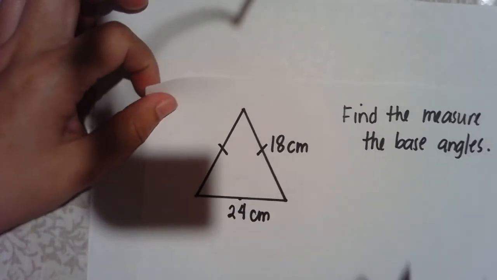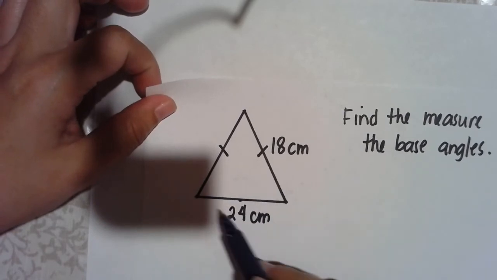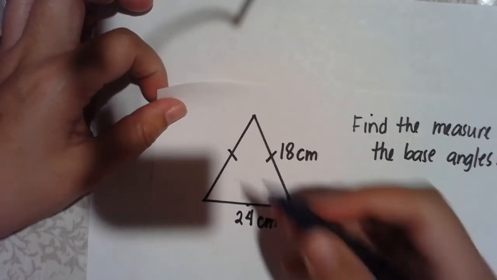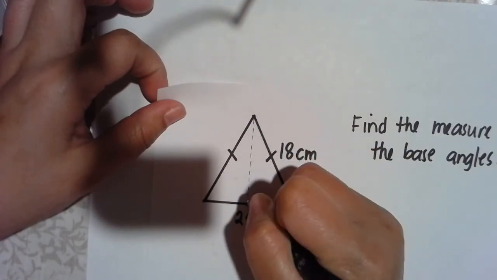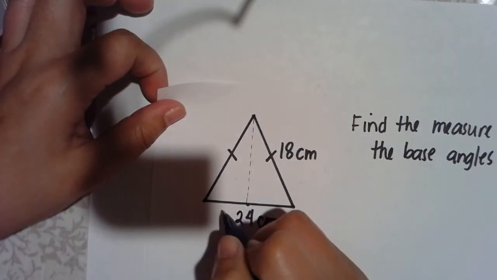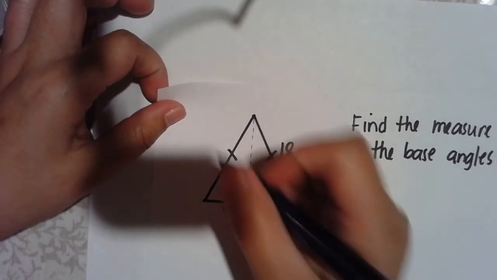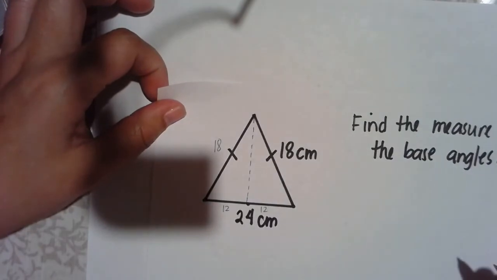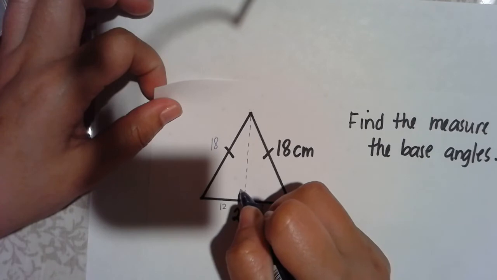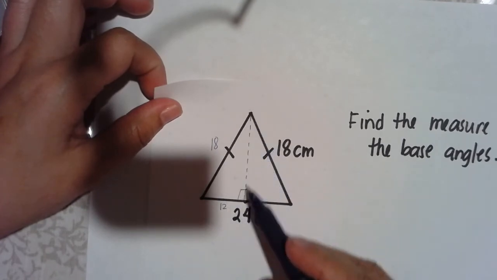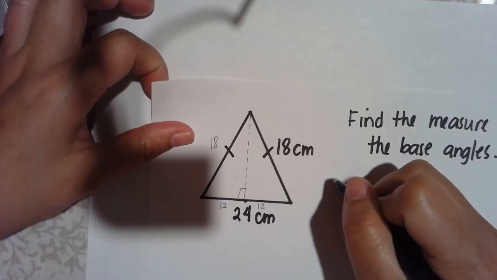In this case, we need to find the base angles. Since this is an isosceles triangle and the base is 24, I will cut it in half, so this will be 12 and 12, and since these two sides are congruent, this will also be 18. So now I have a right triangle. Solving for the altitude or height of this triangle, one of the legs is missing.